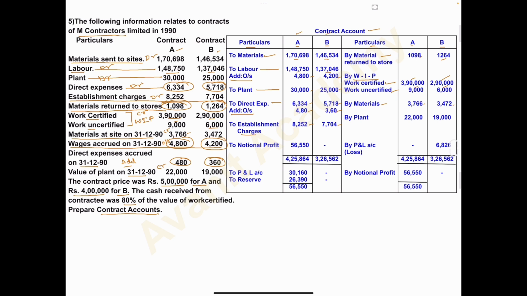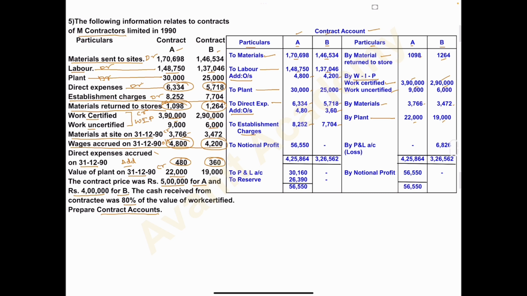Direct expenses accrued over. Value of plant on 31st December. This is the closing value of plant. By plant, contract A, plant value is 22,000 and contract B, 19,000. So all the items are over.